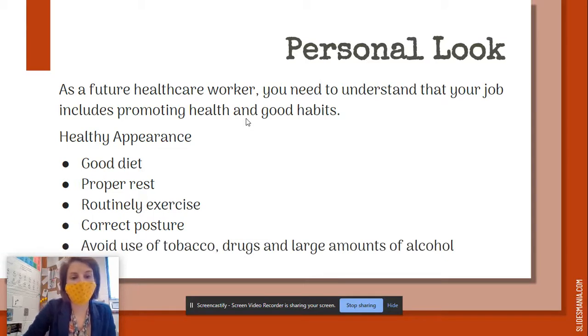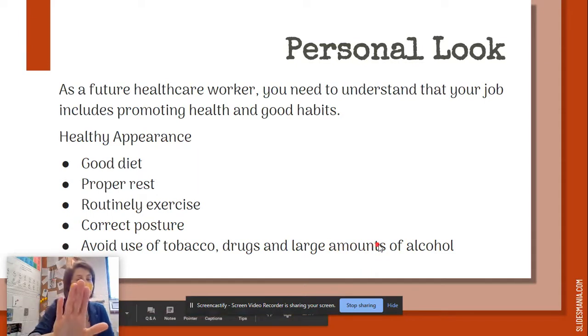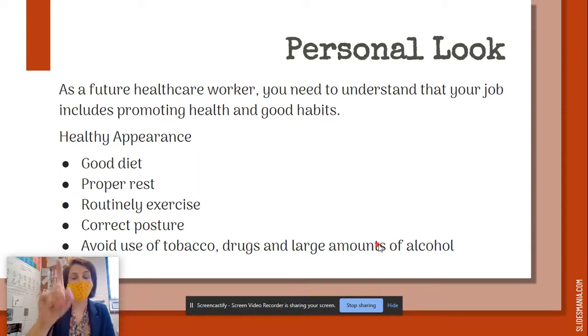And the last one here is to avoid the use of alcohol and drugs and tobacco, okay? So again, not at your age. You're not 21 yet. You shouldn't be consuming alcohol anyways. And if we have to talk about that, we'll talk about that, okay?